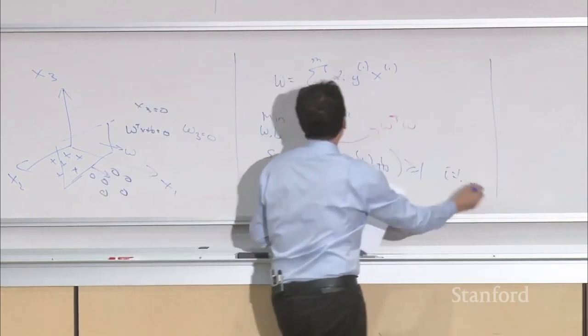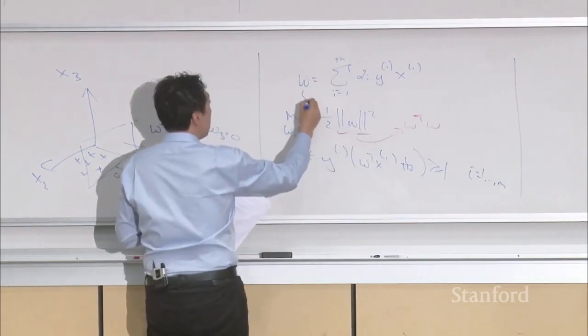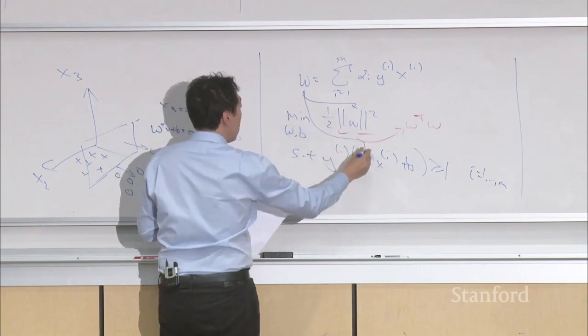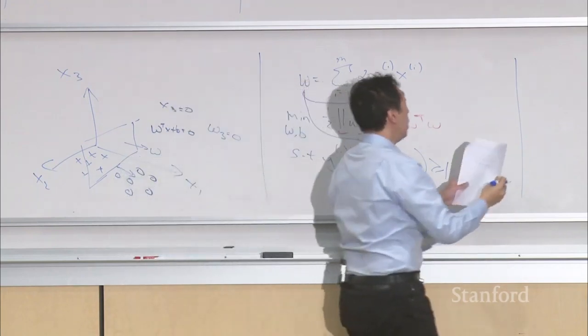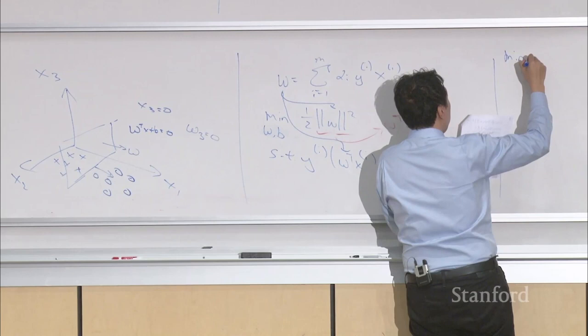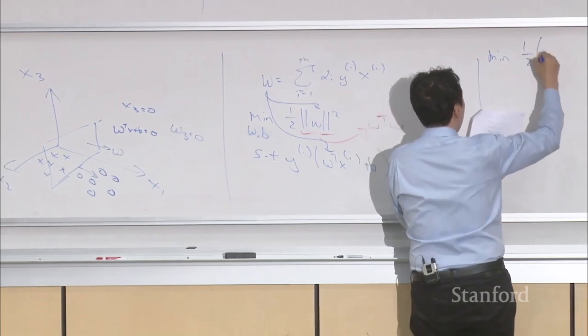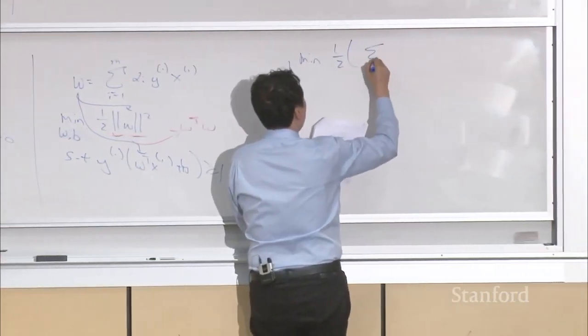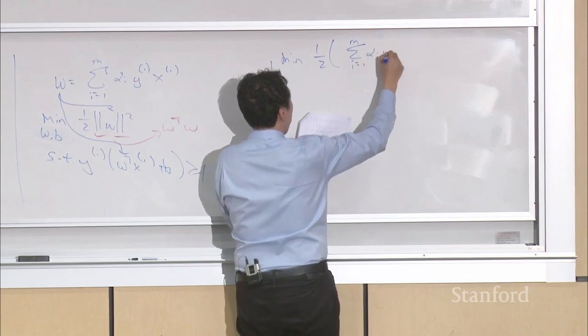And so if you plug in this definition of W into these equations, you have as the optimization objective min of 1/2 sum from i equals 1 through m.